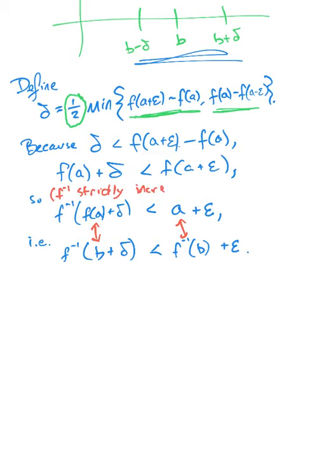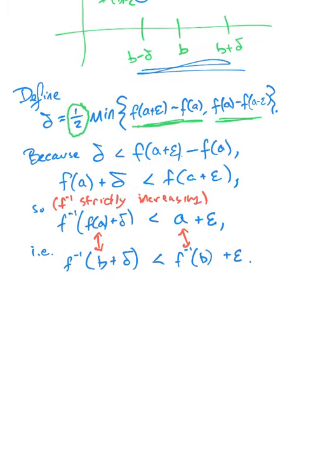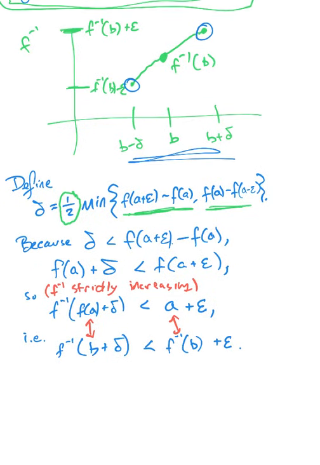So now let me go to the picture here and show you how this relates to the picture that we drew. Okay, this b is really, like we just said down there, f of a. This f inverse of b plus epsilon, that's really a plus epsilon. And here this is a minus epsilon. Okay, this is a plot of f inverse.